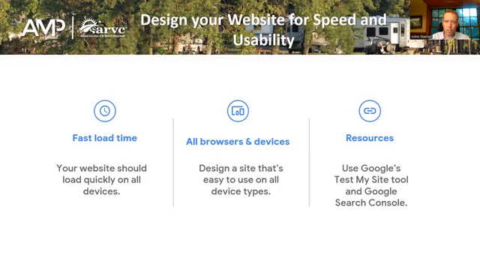Today, if your website is not built to display best in a mobile environment, Google will regard it as not as convenient and a bit behind the times, and your rank will get nicked up. For that reason, your site should open quickly and perfectly in all browsers and on all devices. And there are a raft of good resources that Google makes easily available to you to check the speed of your load times and to check browser and device compatibility.